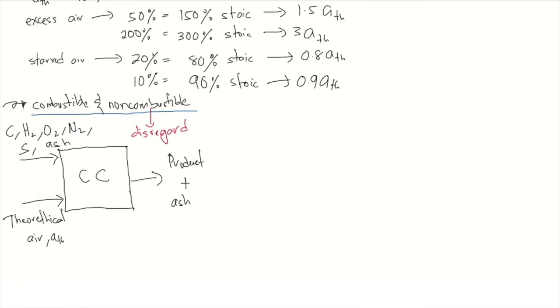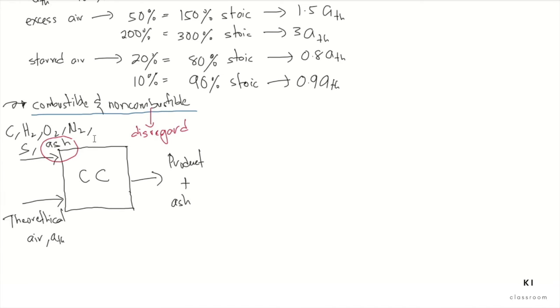Ash is actually non-combustible. So during your balance equation, the ones that you need to consider are only carbon, H2, O2, N2, and S. So we disregard the non-combustible.